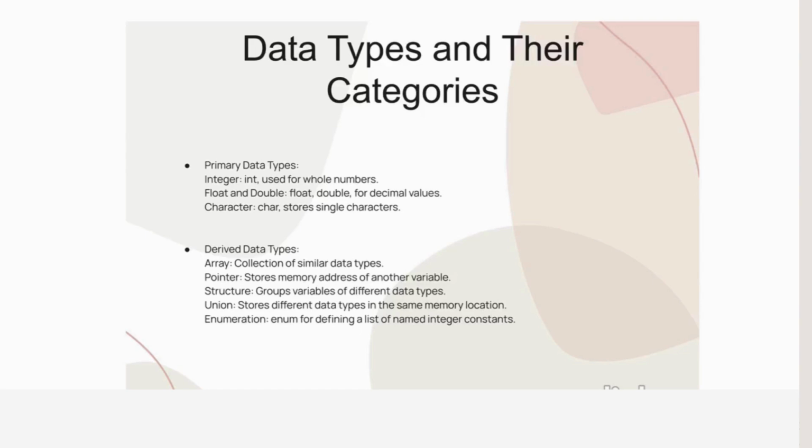Some of the derived data types supported by C are arrays, which work on the similar type of data only; pointers, which hold the memory address of some other variable; structure, where you can use different types of data types all together in one variable itself; union, where you can again use different types of data but in the same memory location; and enumeration, where you can have named integer constants in a given list. We will understand each and every derived data type in the further course as we proceed.